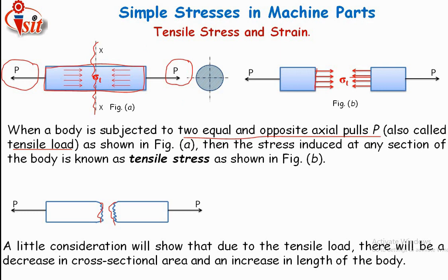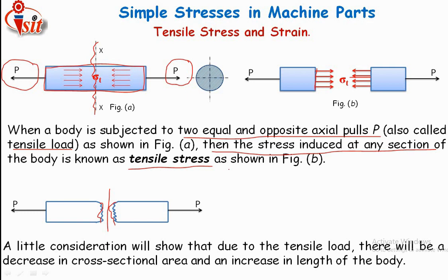When we take the side view of this section, we will see it like this. It is a circular section. Suppose this is a shaft, a circular member, and when we apply this tensile load on the body, there is a possibility of breaking of the body at the middle of the section. And this resistance offered to the breaking means that the body does not want to break. The resistance offered by the body to the breaking due to the application of tensile pull, the stress induced at any section of the body, is known as the tensile stress.